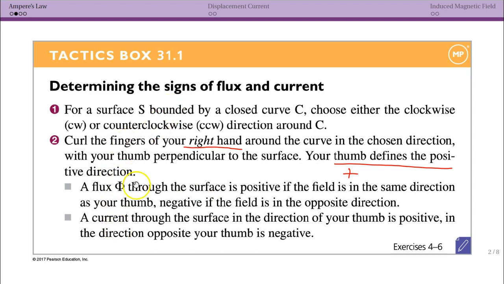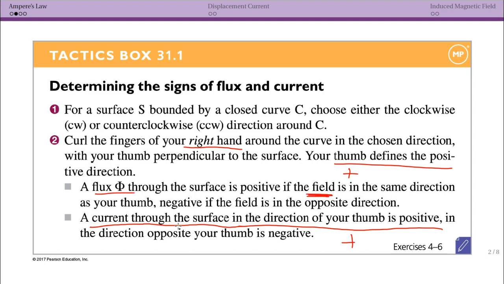We've talked about flux before, and here we're talking about the current through the surface. In the direction of your thumb, it's positive, and flux, we usually talked about fields.